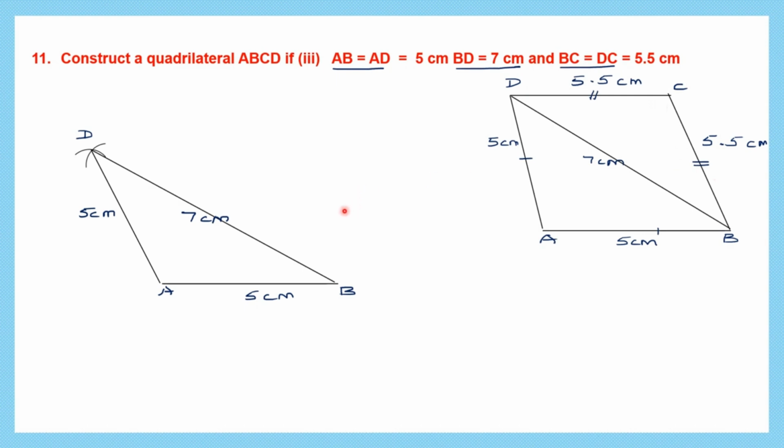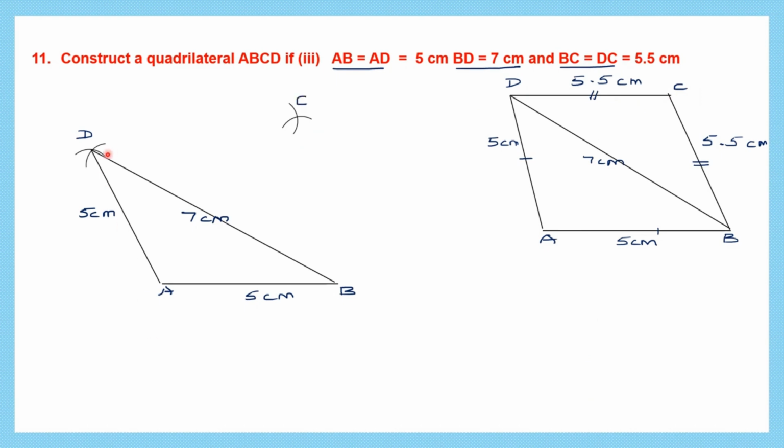On your compass, take 5.5 centimeters, place your needle at B and draw an arc. DC is also 5.5 centimeters. So place your compass at D, take 5.5 centimeters and cut this arc. Once you cut this arc, that point of intersection is C.